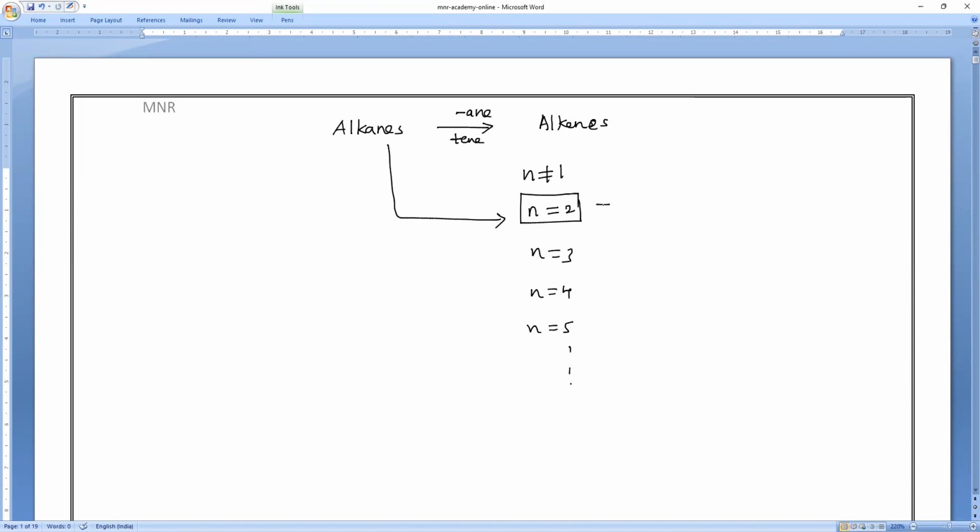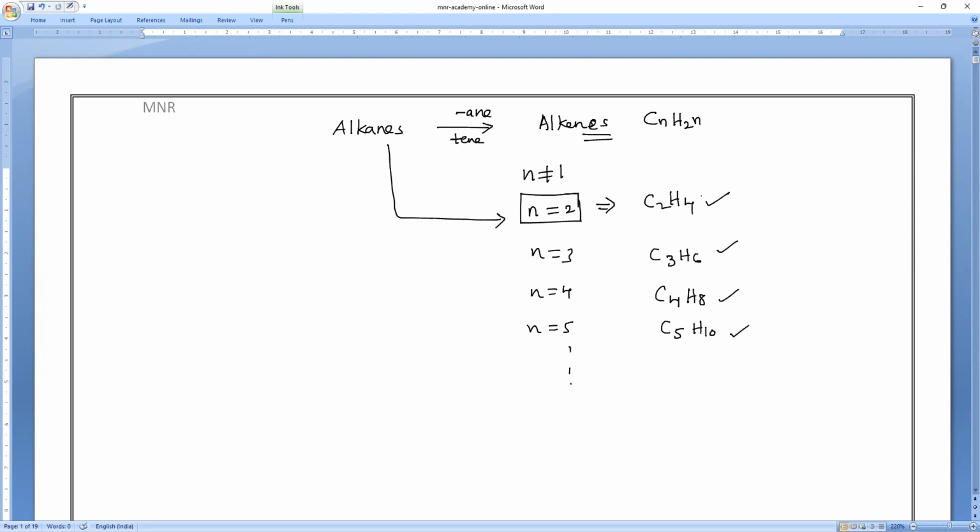N is equal to 2 means, we all know the general formula of alkenes, straight chain: CnH2n. That means C2H4. Next one, C3H6. Next one, C4H8. And next one, C5H10. So this is how the alkenes start.